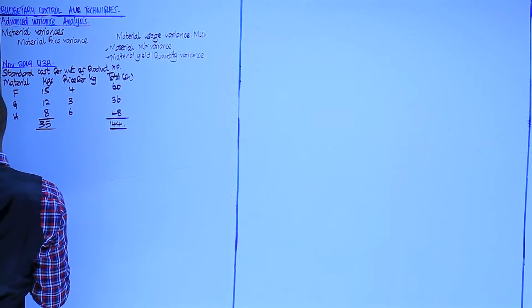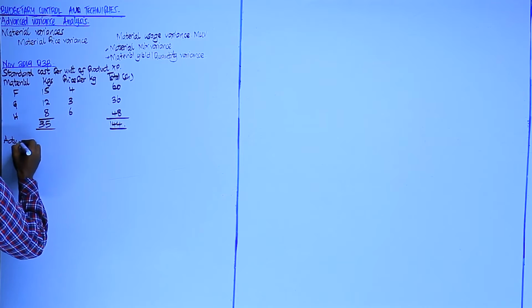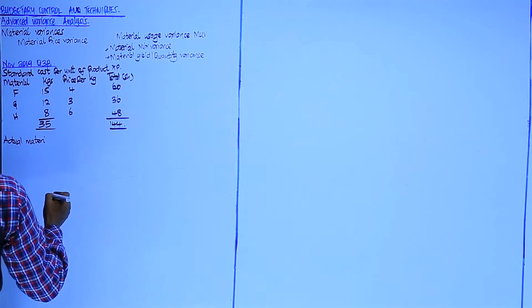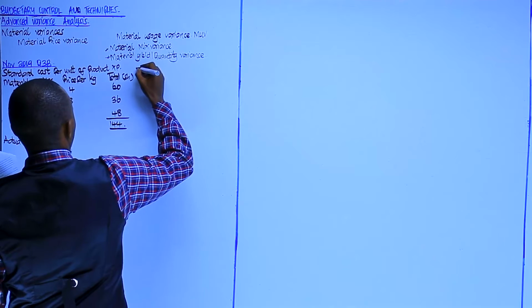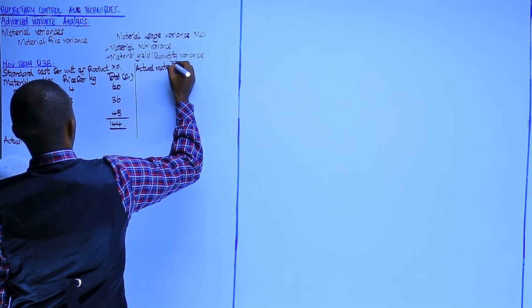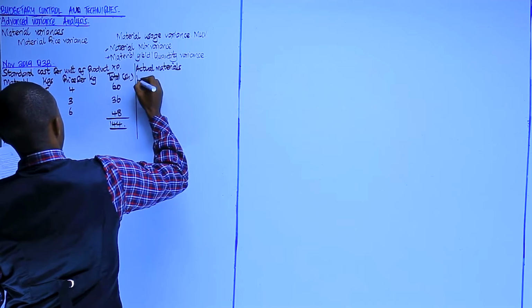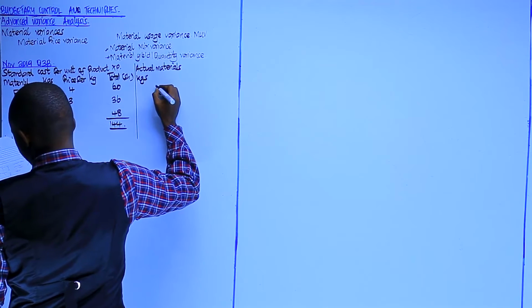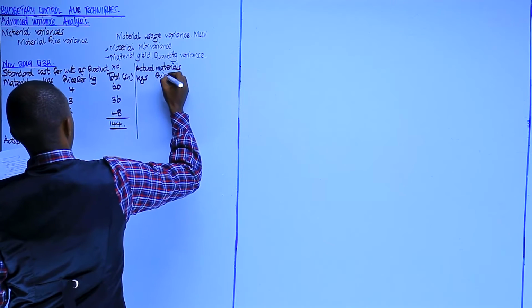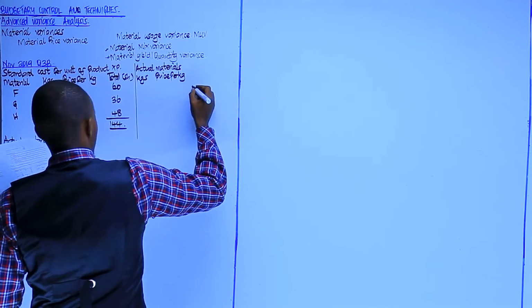Then your actual materials. You have kgs, price per kg, and totals.